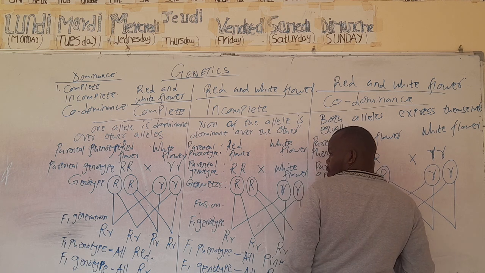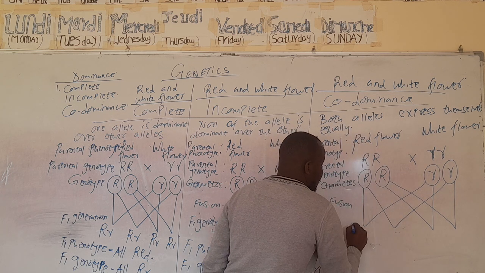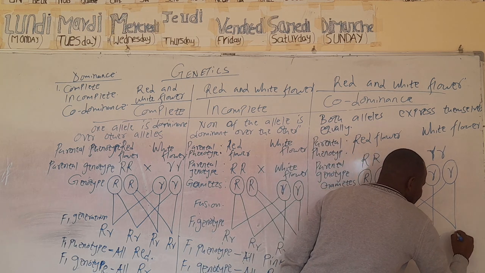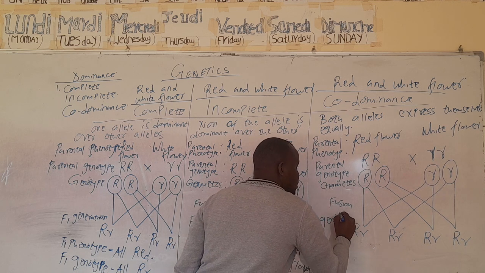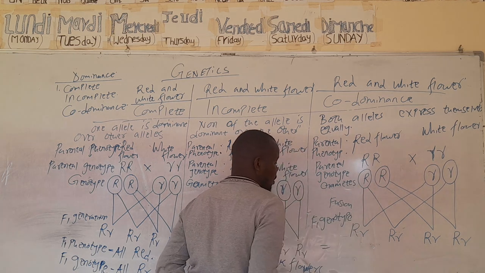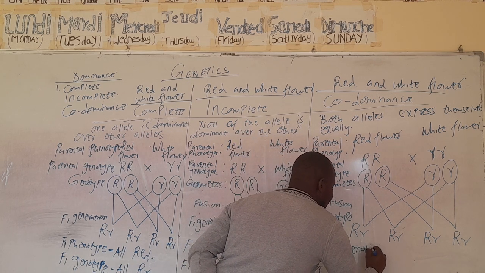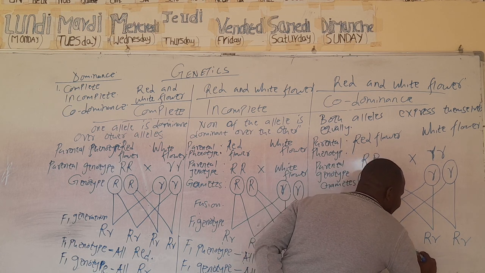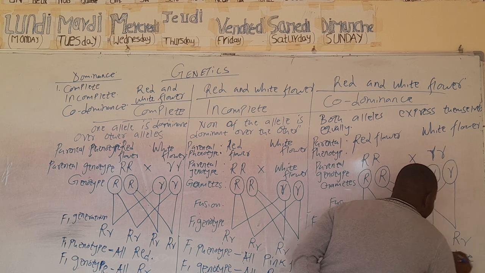What we get is the fusion, and this is the F1 genotype, on red and white flowers.